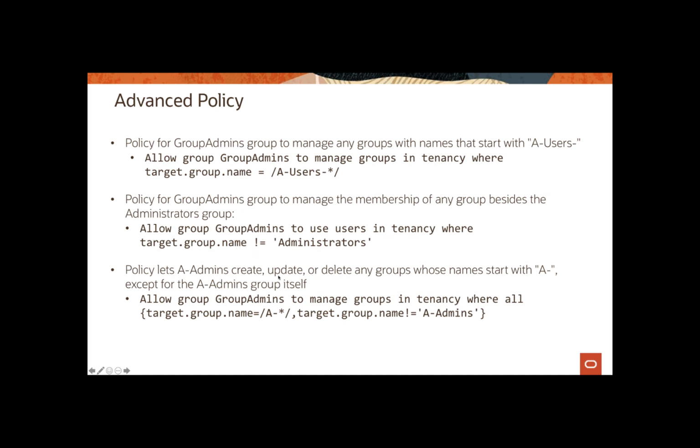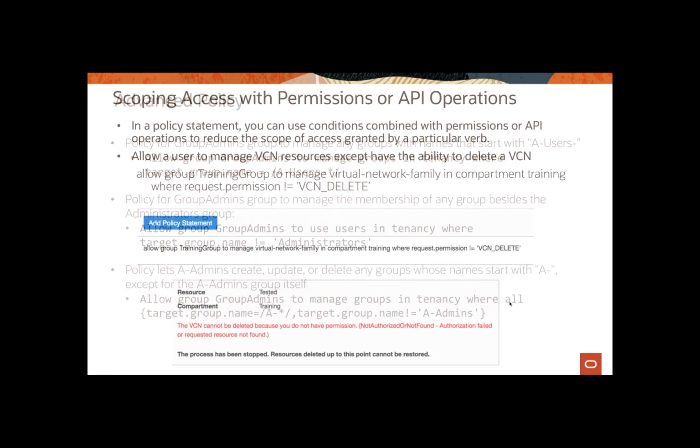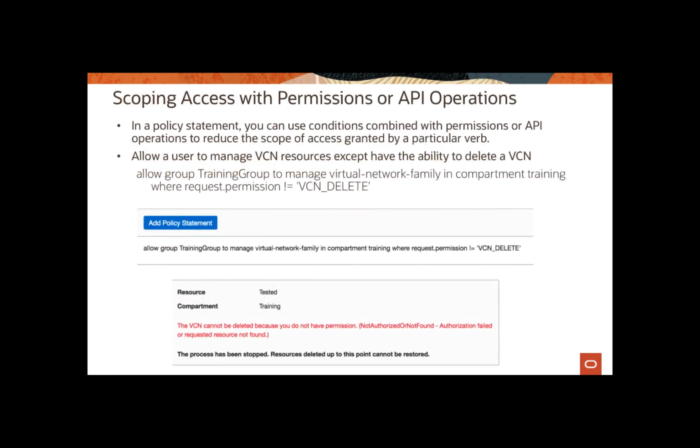And then you can write even more finer grained policies than that using the all and kind of keywords like we looked at. And the last example is, in this case, there is a group called training group that needs to manage the virtual network family, so VCNs, etc. And the location of this policy is in the compartment called training.